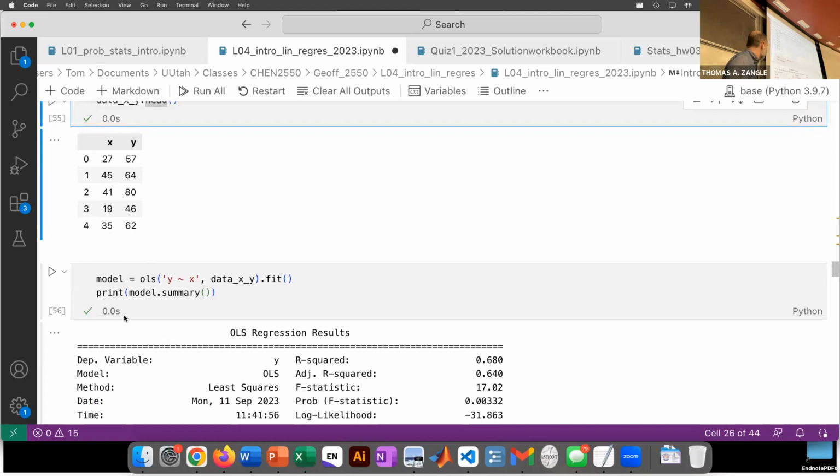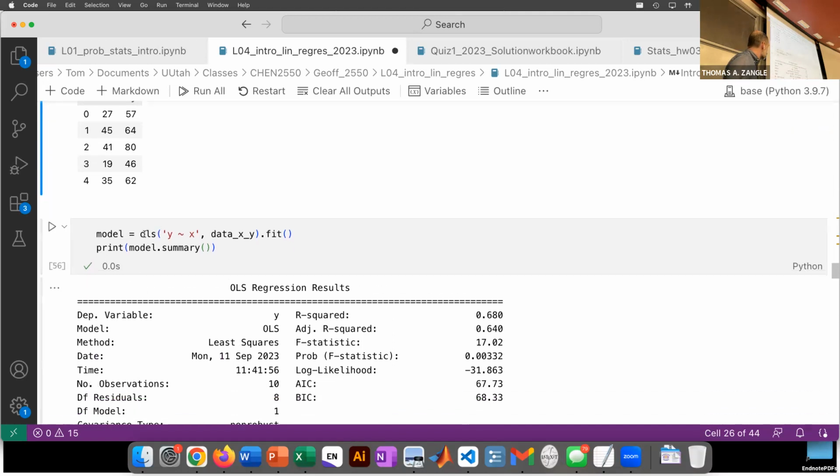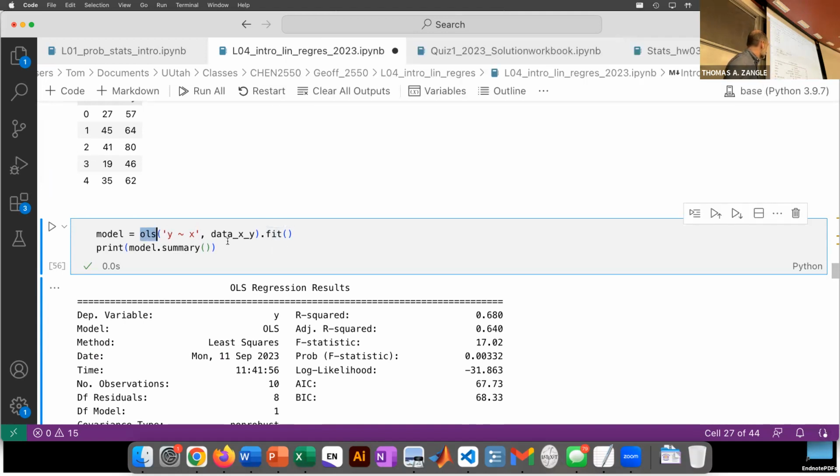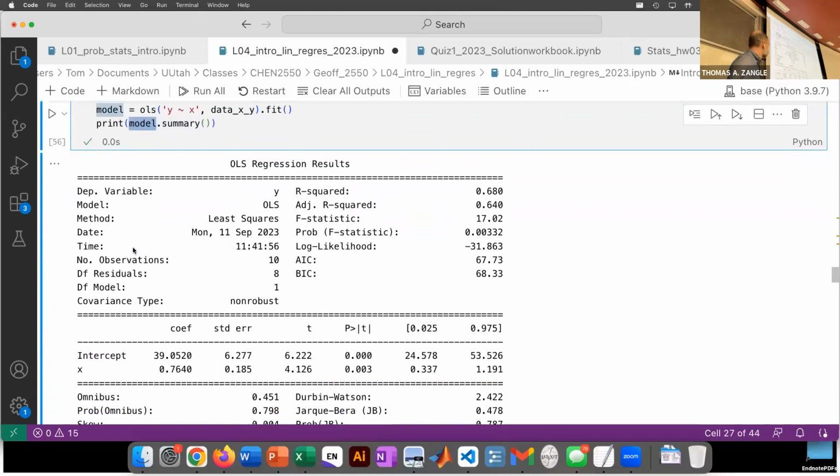Then we can use OLS dot fit to do our ordinary least squares fit to our model. This is our syntax. We're saying that y is proportional to x, that we have some linear relationship between y and x, and we're giving it this data XY. Then we're printing out model.summary, which gives us our results.